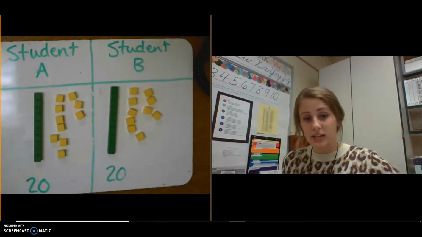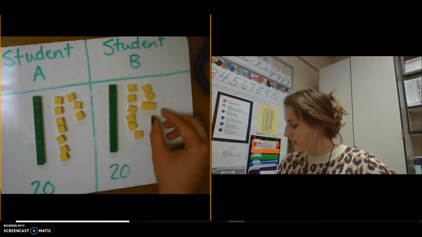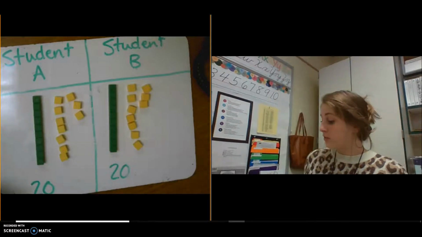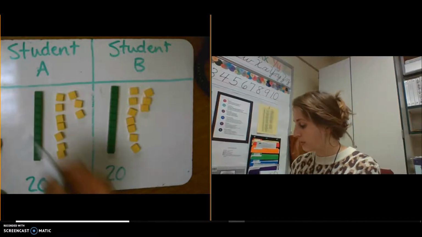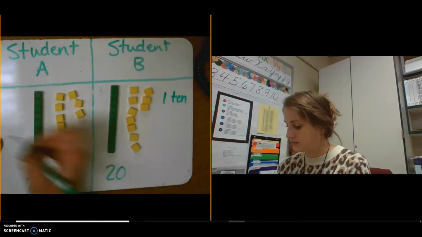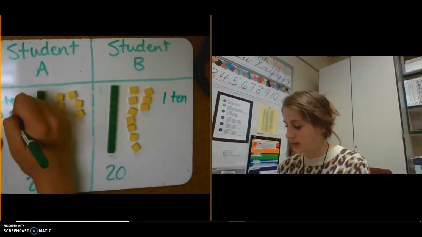So would you look at that? They don't necessarily look even right now. How about if I do it like this? As you can see, for student A and student B, we now have, so I'm going to write it to the side, 1 ten, just like that, and we have 10 ones.